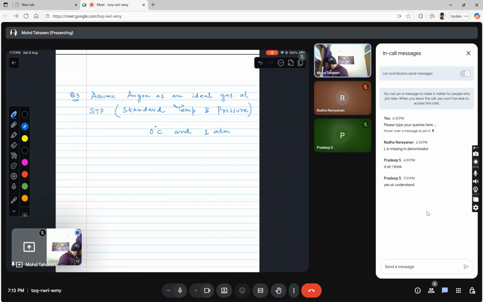So the question is, if we assume that argon behaves like an ideal gas at STP, what is its specific heat at constant volume?